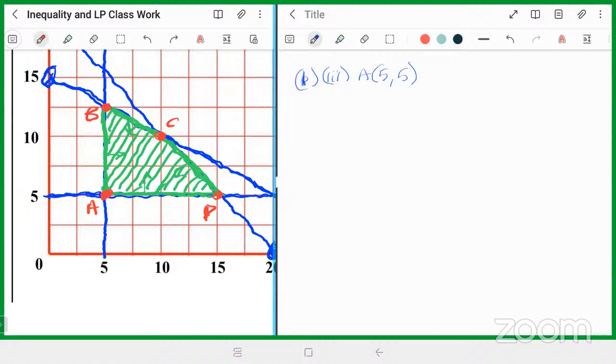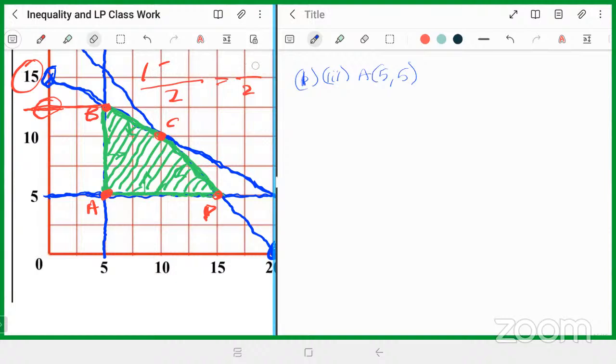Then B is a point 5, not 15. It's below 15. See? The 15 up here is 10 here. So this is halfway between the 10 and the 15. So it is 12.5. You can average them like a midpoint, 15 plus 10 over 2 becomes 25 over 2, which is 12.5.